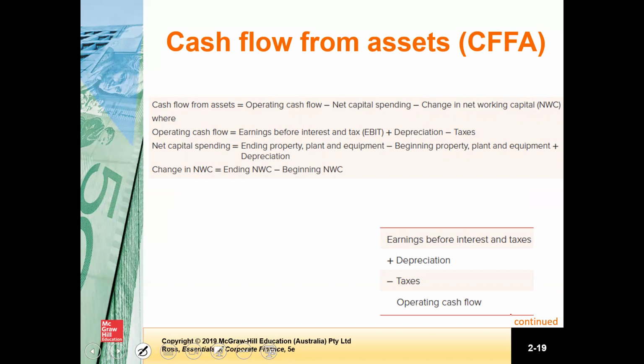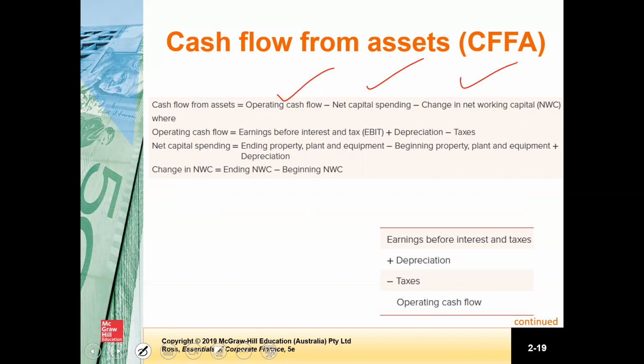Now, if we continue discussing the cash flow from assets, it essentially has three components. One is operating cash flow, another is net capital spending, and finally, change in net working capital.